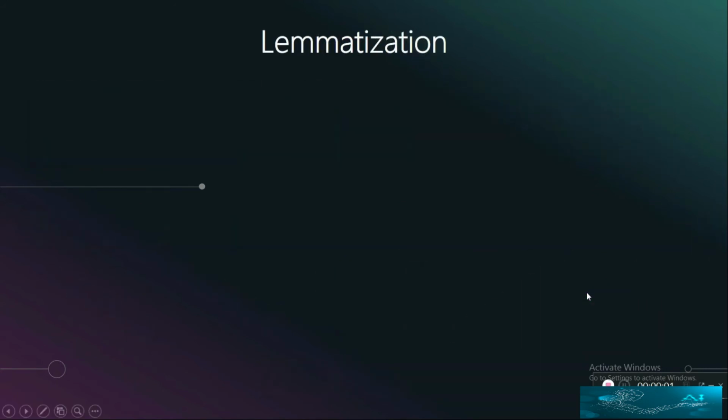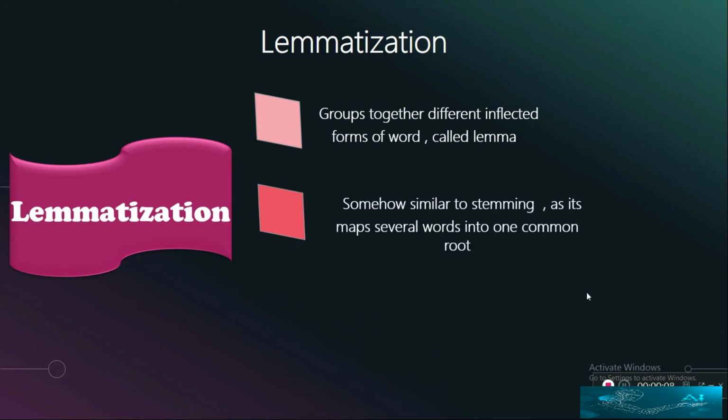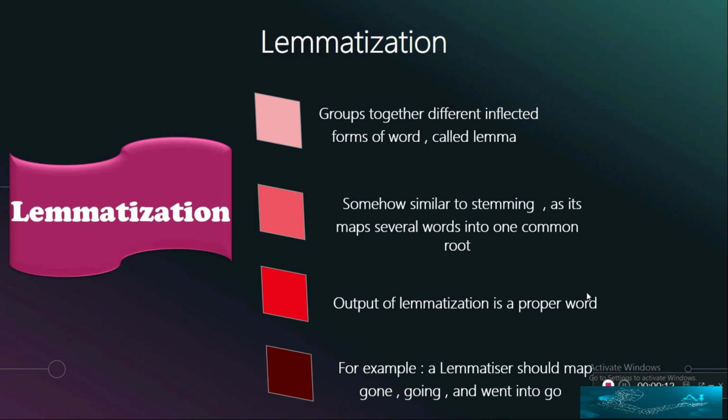So let's understand the concept of lemmatization now. Lemmatization, on the other hand, takes into consideration the morphological analysis of the word. So it's necessary to have a detailed dictionary which the algorithm can look through to link the form back to its original word or root word, which is also known as the lemma. Lemmatization groups together different inflected forms of the word, called the lemma, and somehow it's similar to stemming.